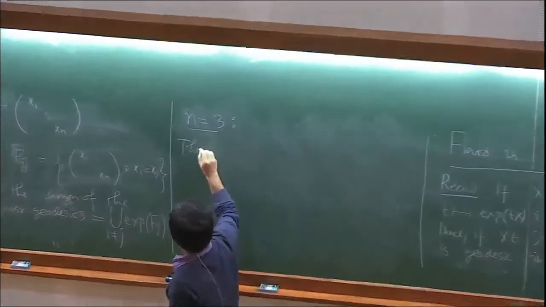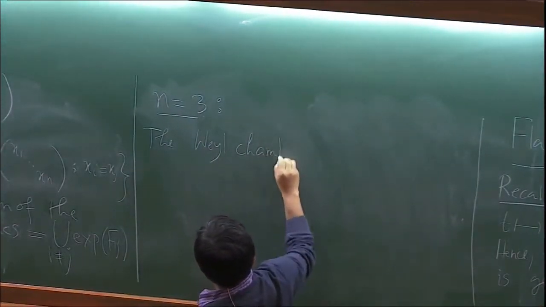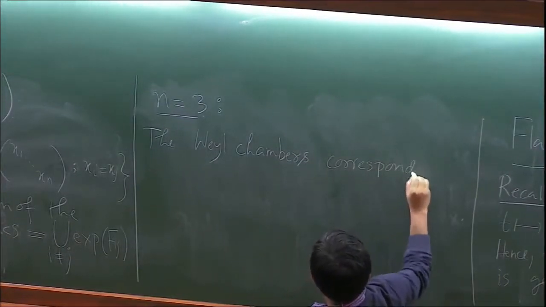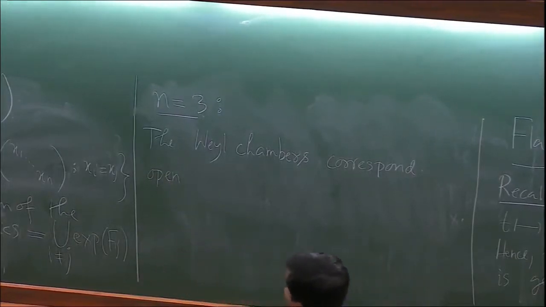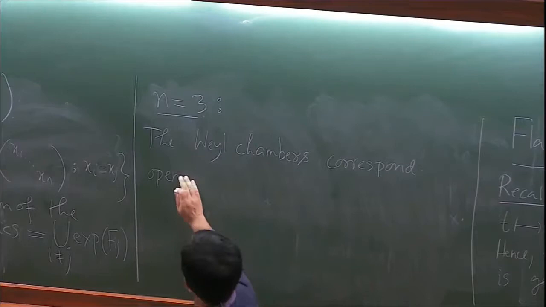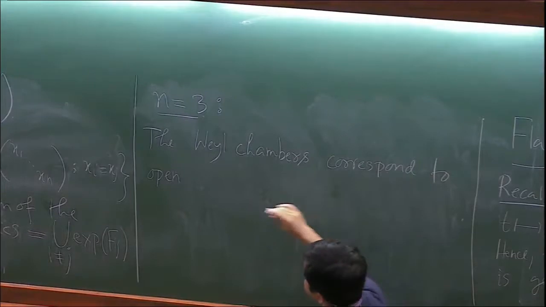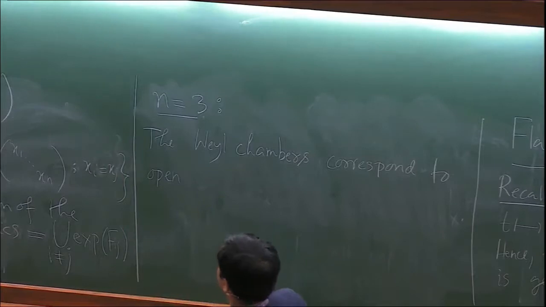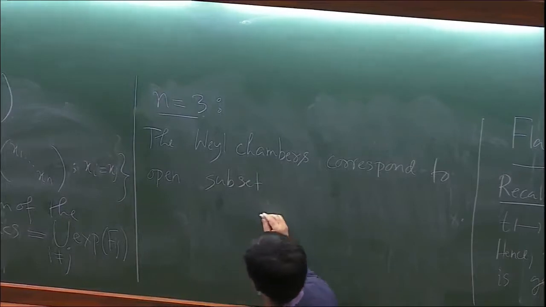The Weyl chambers in this example correspond to open subsets of this space of diagonal matrices x1, x2, x3. So the open subsets of the form, you can check that.